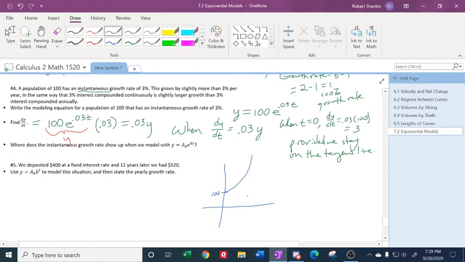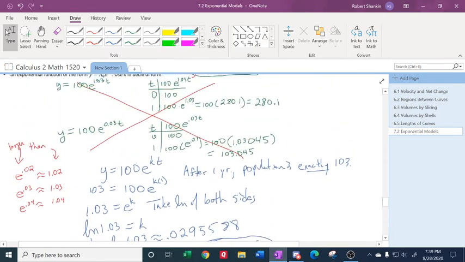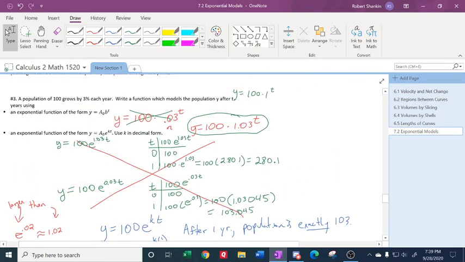So the tangent line is going to be an underestimate of the real value. So in actuality, that's why when we were doing these ones up here, we got a little bit too big of a number, because this is 3% instantaneous growth. And by the time you get to a full year, you'd have a little bit extra.